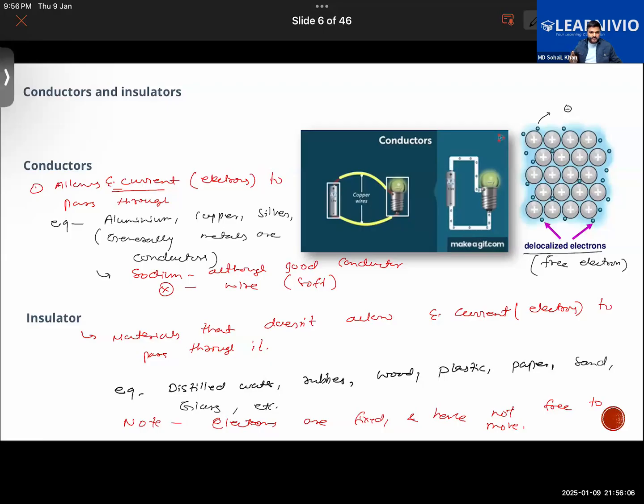No. If the wood is wet, it will allow some flow of electric current through it, so we will call that a poor conductor. Although wood is an insulator, now it's wet, it has water in it, so it will allow little flow of electric current through it.